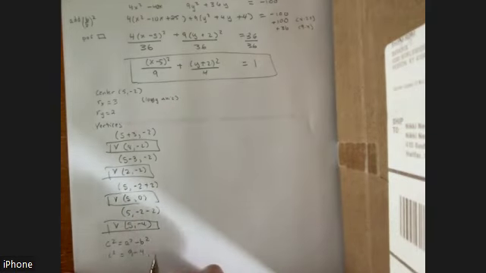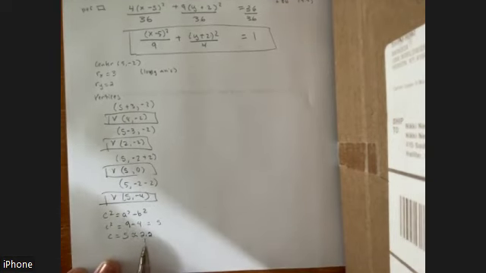So c squared is 9 minus 4, which is 5. So c is √5, which is fine, but I'm going to round it by typing it into my calculator, 2.2, because I'm going to need to be able to plot it in exactly or approximately the right place. So this is more helpful to me right now.